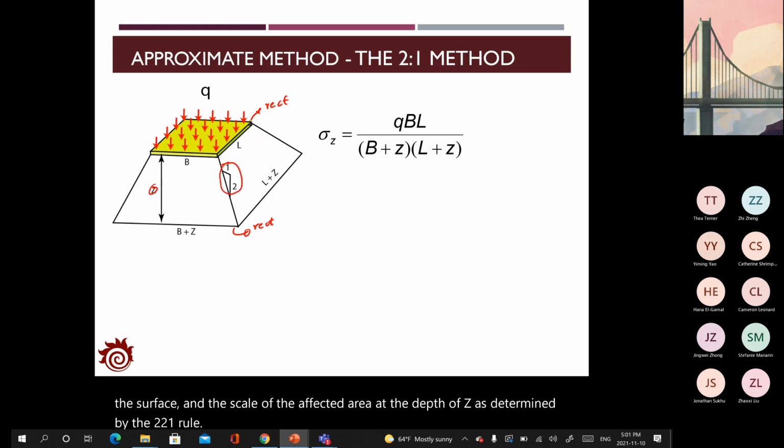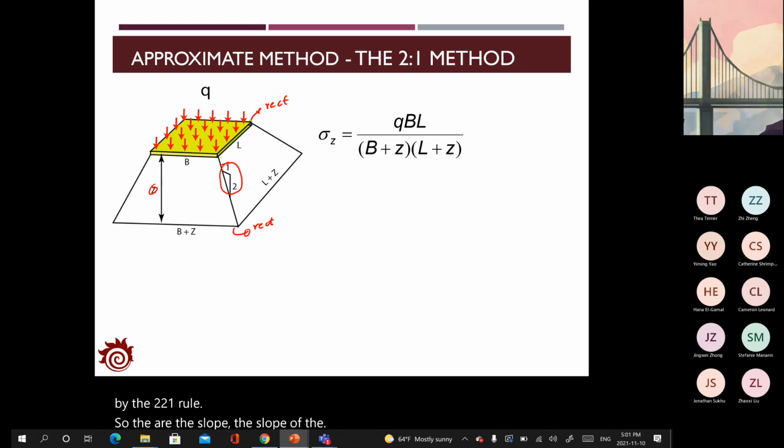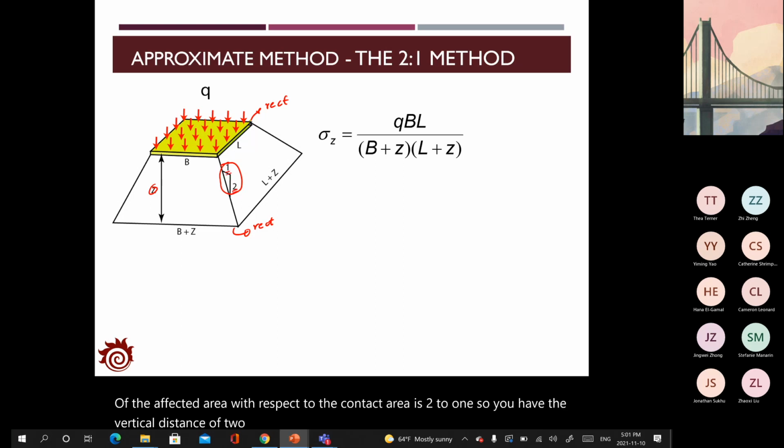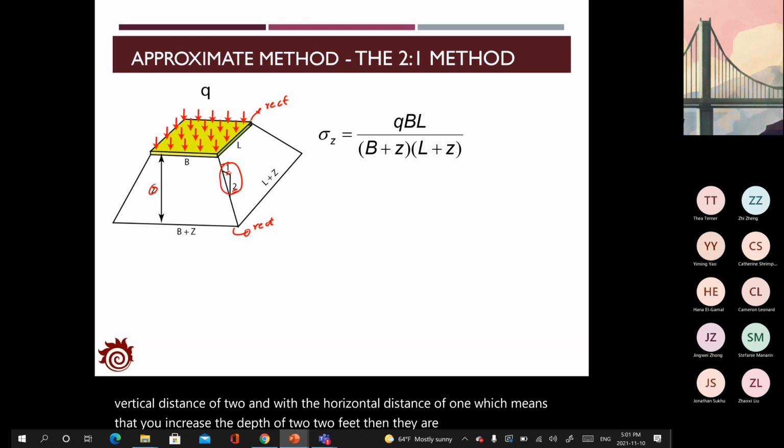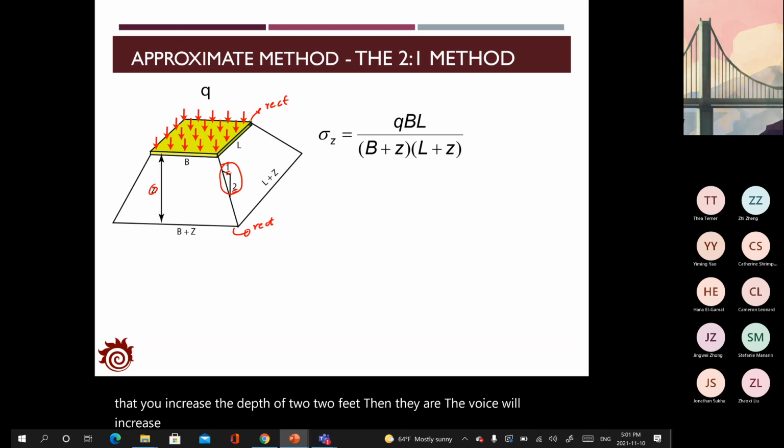So the slope of the affected area with respect to the contact area is 2-to-1. You have a vertical distance of 2 and a horizontal distance of 1, which means that if you increase the depth by 2 feet, the width will increase about 1 foot on each side.